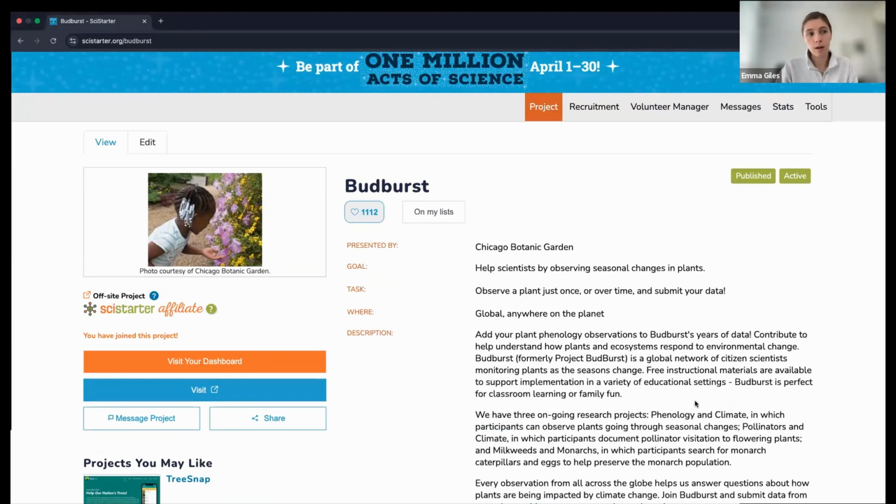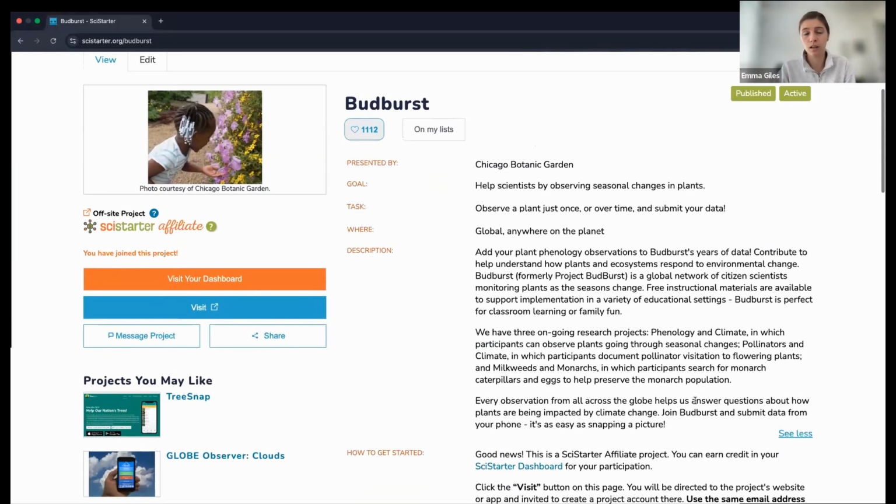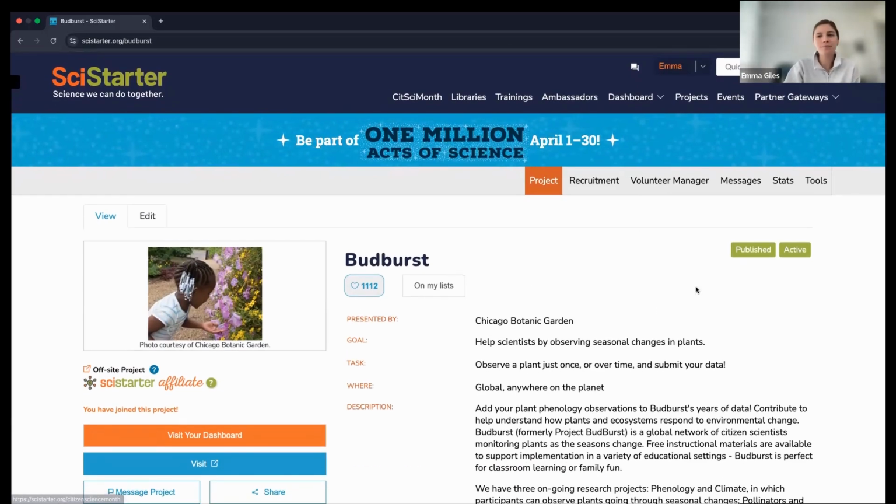And so if you're curious about that particular information, this is a good partnering up project where you do Budburst and ISeeChange, to get a more holistic view of all of it, which is nice. So since you haven't done it yet, Cassandra, this is a good one to check out next. And also an affiliate. Hooray! It means it gets counted towards 1 million acts.